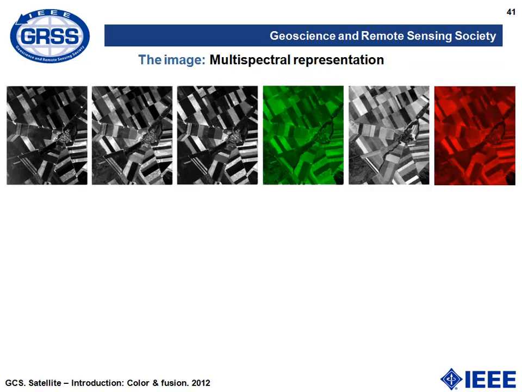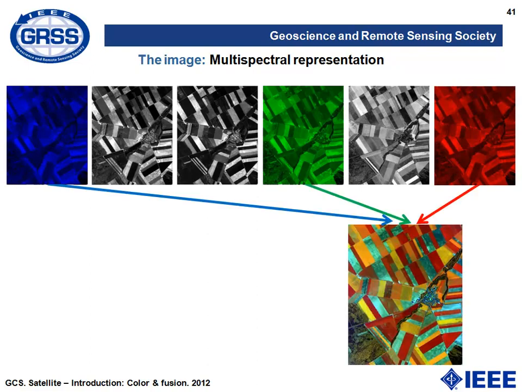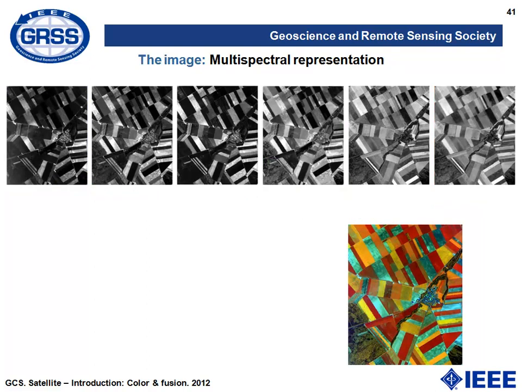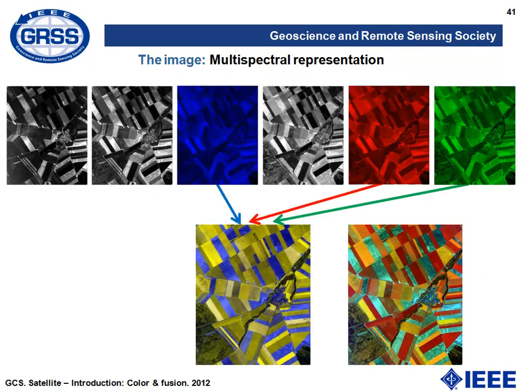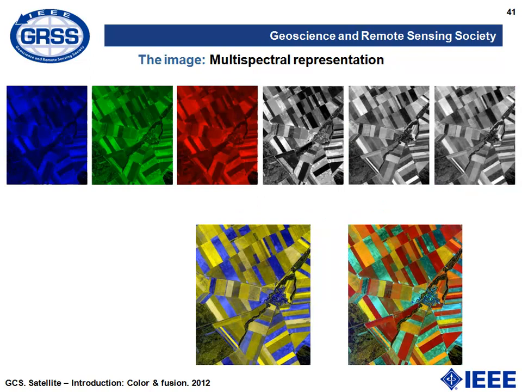In the end, this multispectral or hyperspectral or several-band information can be represented on a digital basis by combining 3 of these bands on the red, green, and blue channels. So, according to the finally selected channels or bands, we can obtain different combinations and different representations.